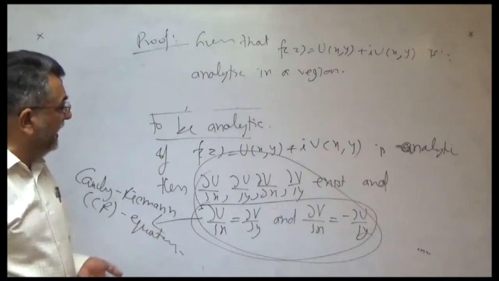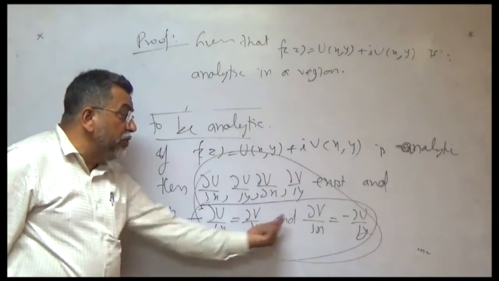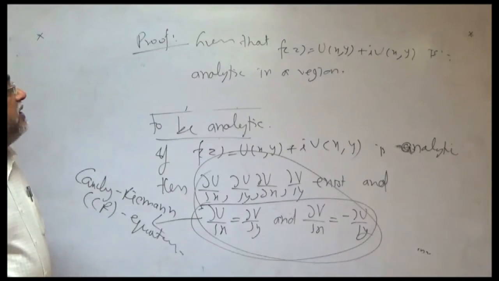then we have to prove that these derivatives exist and satisfy these two equations, which are known as the CR equations.